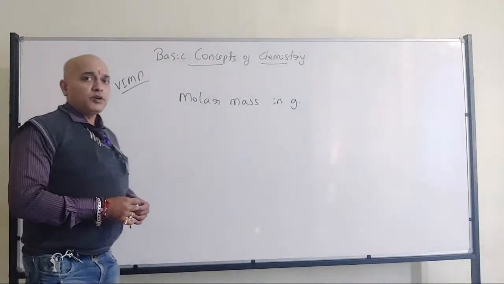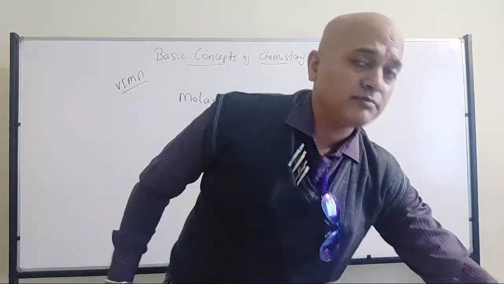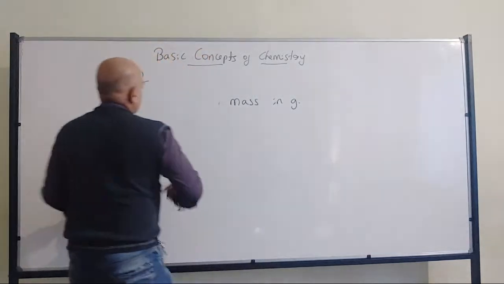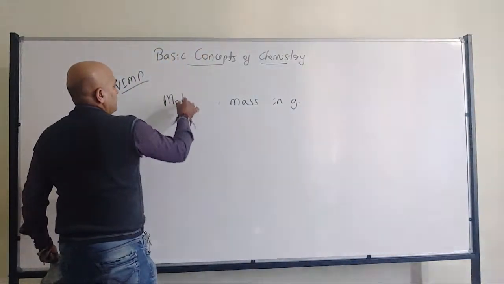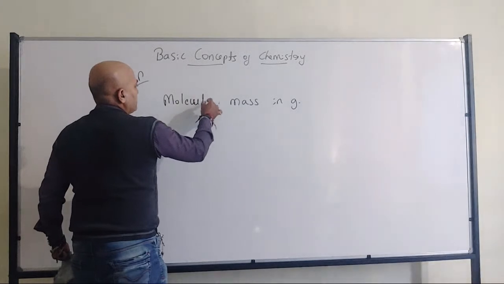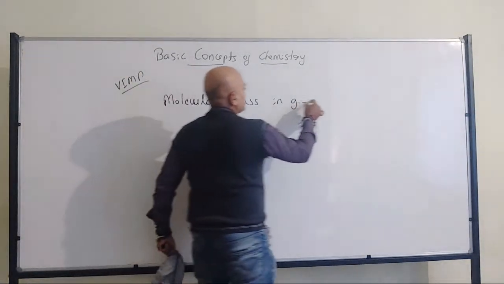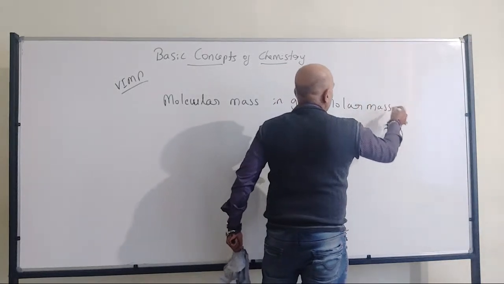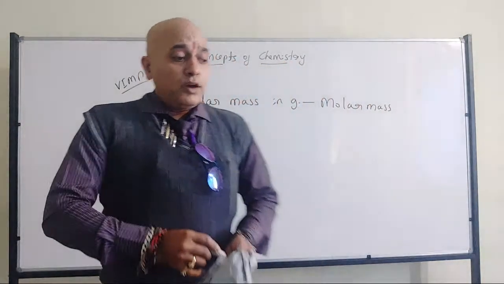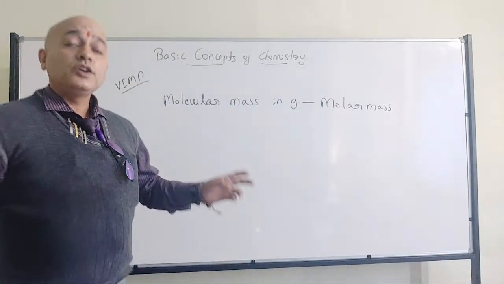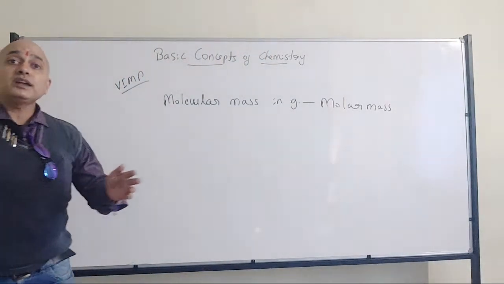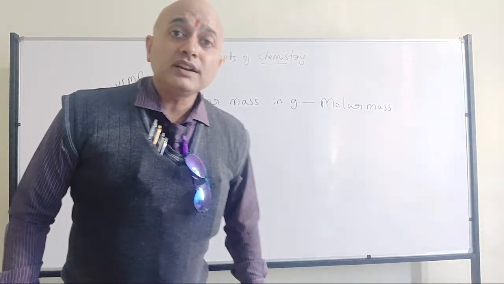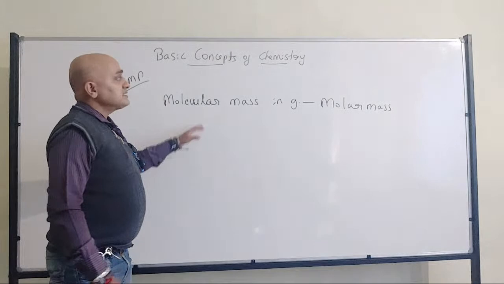So molecular mass in grams is nothing but molar mass. So molecular mass in grams means you know how to calculate the molecular weight of a substance. All of you know how to calculate the molecular weight of a substance.